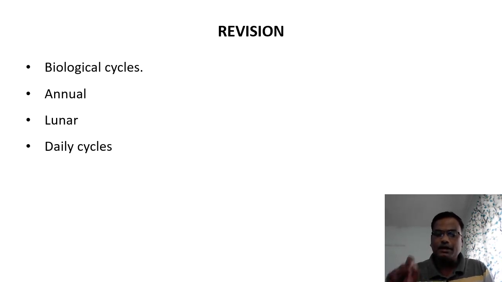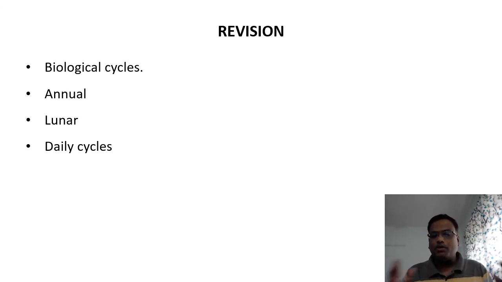As I already mentioned in the first slide, since the animals and plants live on this earth, the changes that occur in the environment are definitely going to affect the organisms, whether it is plant or animal.